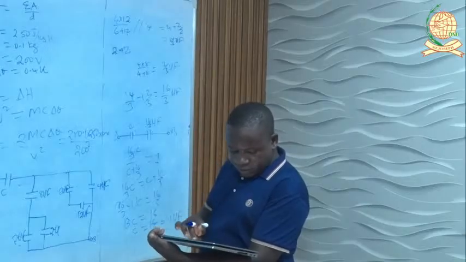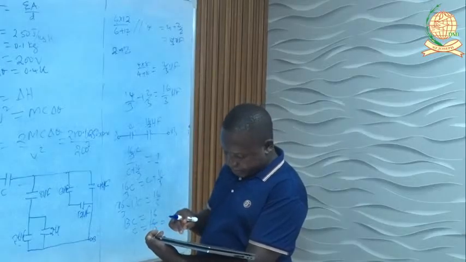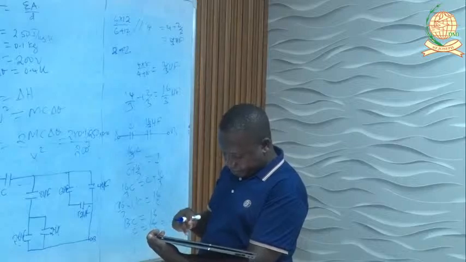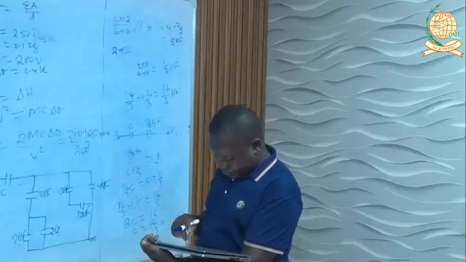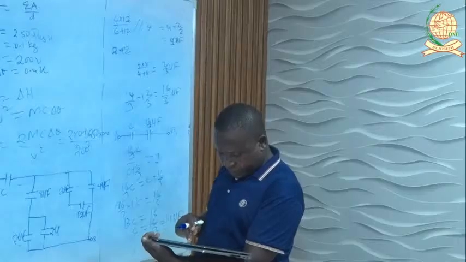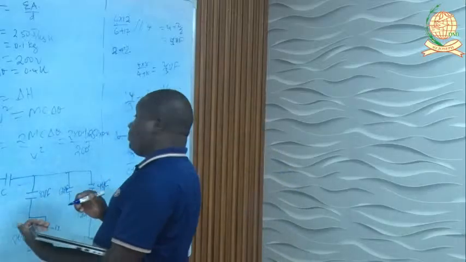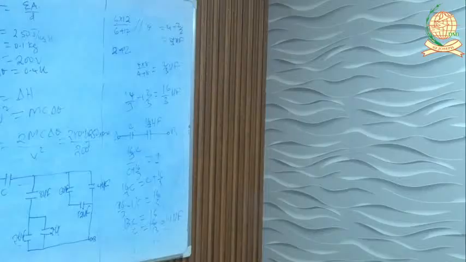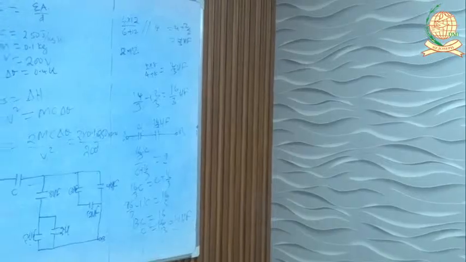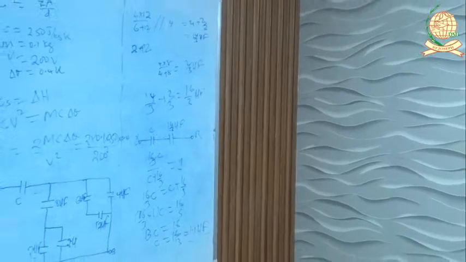So we move to part D. Part D, the question is, a capacitor of capacitance 3 microfarad is charged until the potential difference is 200.